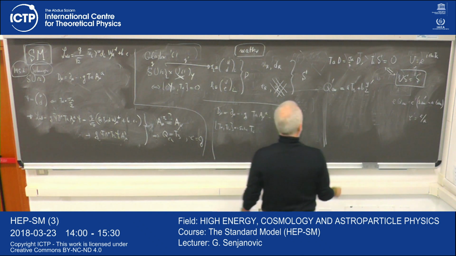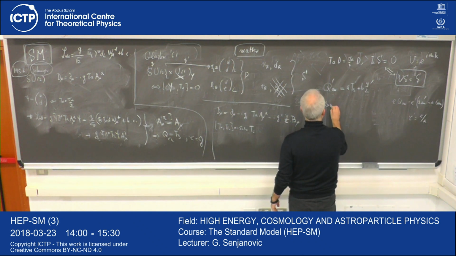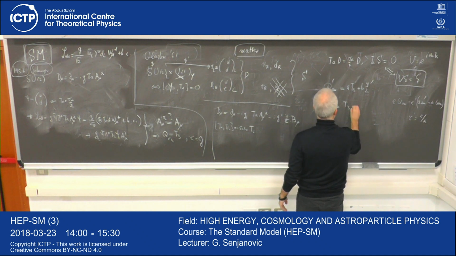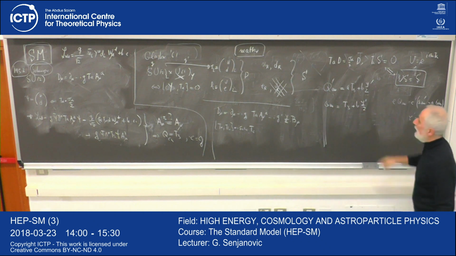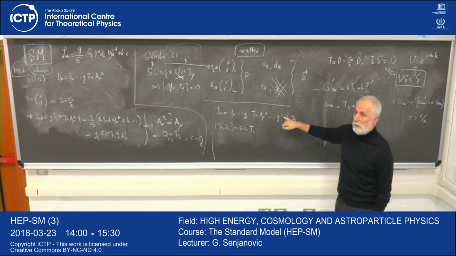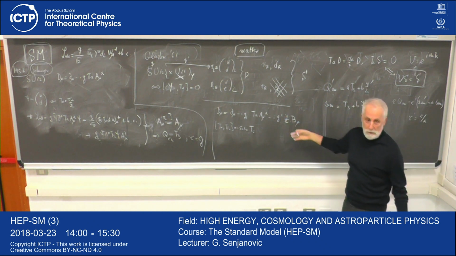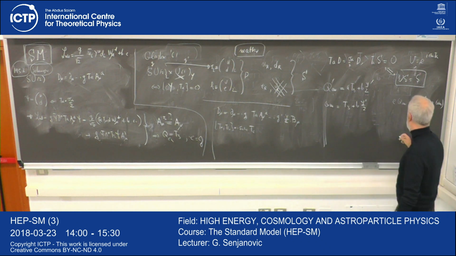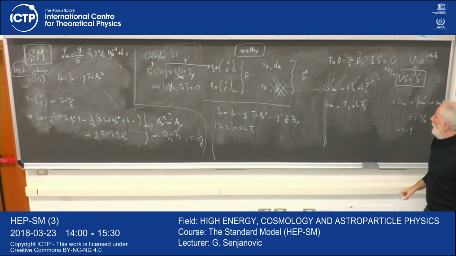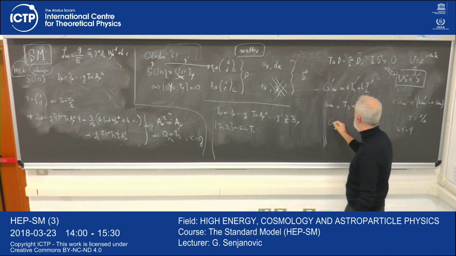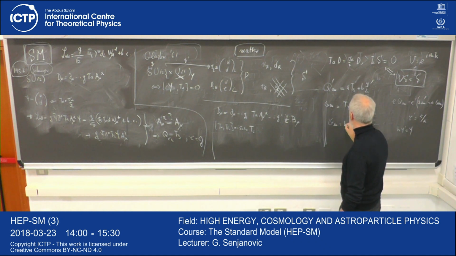So I have that Q_EM is T3 plus b Y prime over 2. Well, Y prime is completely arbitrary because it multiplies an arbitrary coupling which I don't know. So I can redefine that. In other words, I can say that b Y prime is Y. So Q electromagnetic is T3 plus Y over 2.